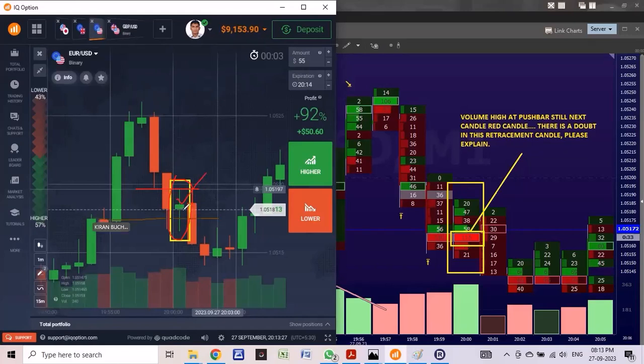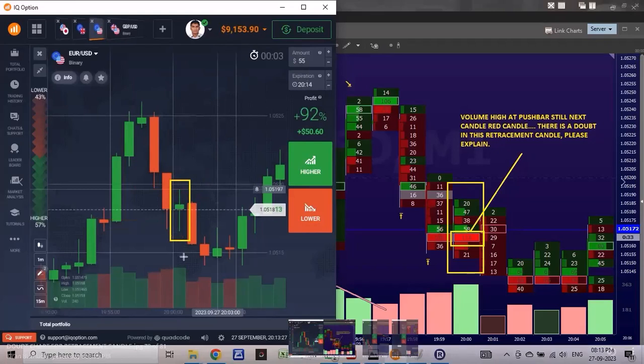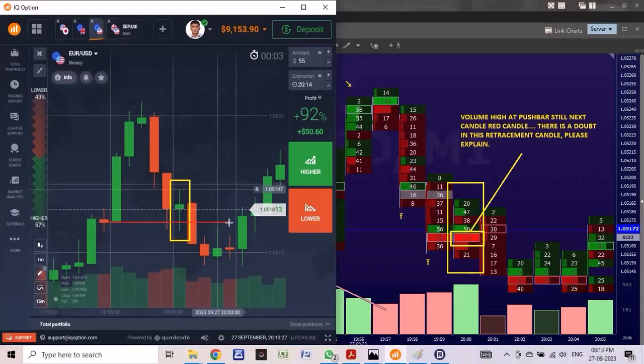From here, it has created a big volume at the push bar. Try to understand one thing. This is a support level. Am I right? And this is the resistance level. So this is the support and this is the resistance.